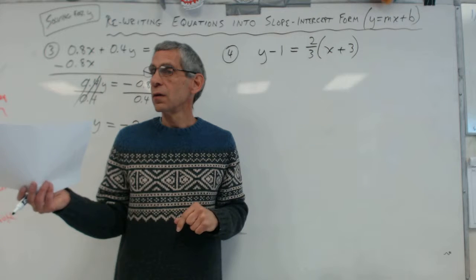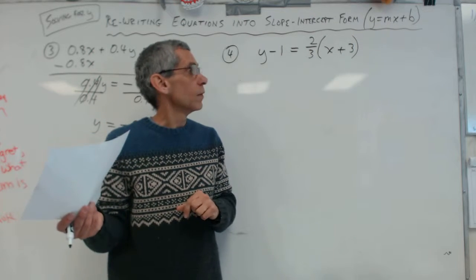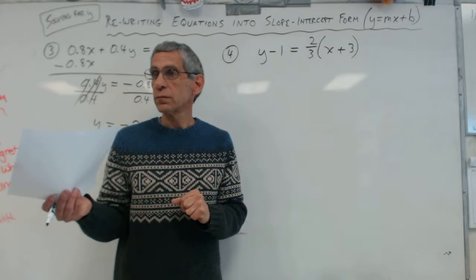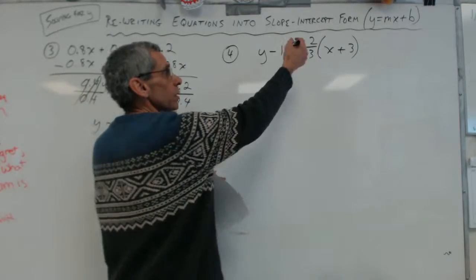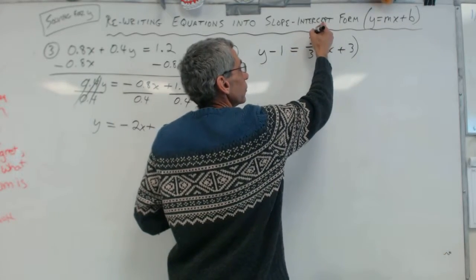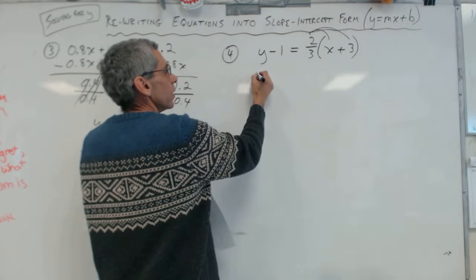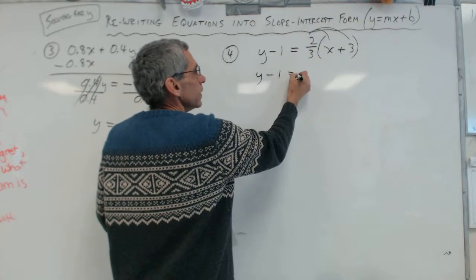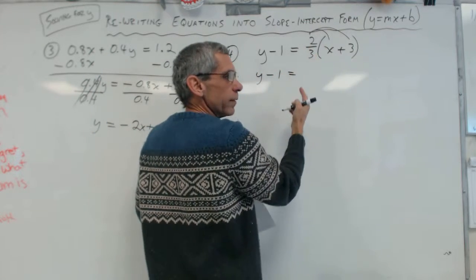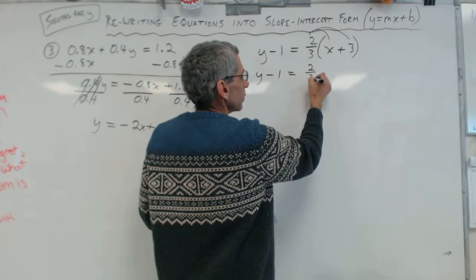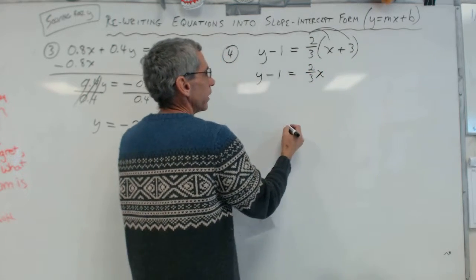Wait, so when you do 2/3 times 3, how would you? Well, let's do it. The first thing we have to do is get rid of the parentheses. So I'm going to rewrite this, y minus 1 is equal to, what is 2/3 times x? 2/3 x. Right? Now, how would I do this other thing?